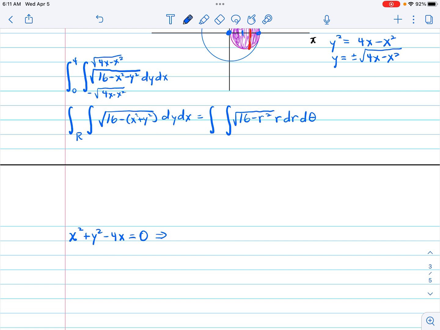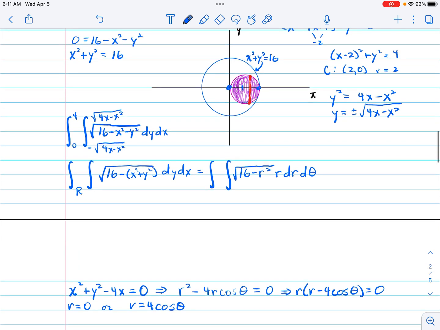First of all, x squared plus y squared is r squared. x is r cosine theta. So here's what we have. Now, if I factor out an r, I get r minus 4 cosine theta. And that means that r equals 0 or r equals 4 cosine theta.